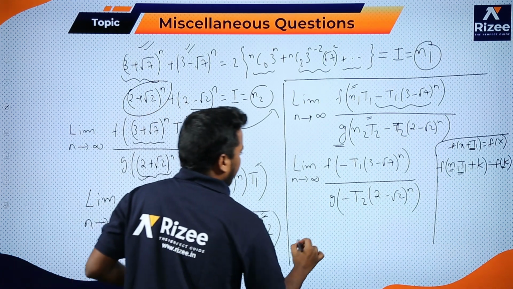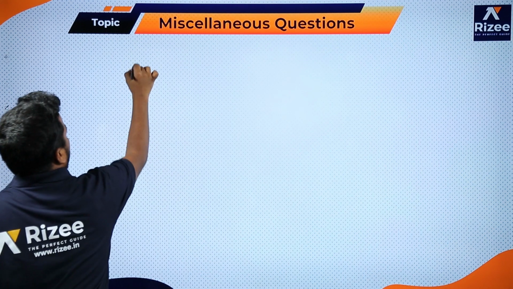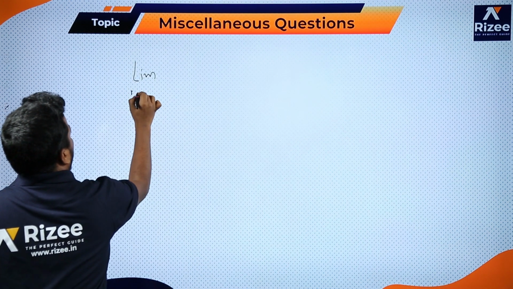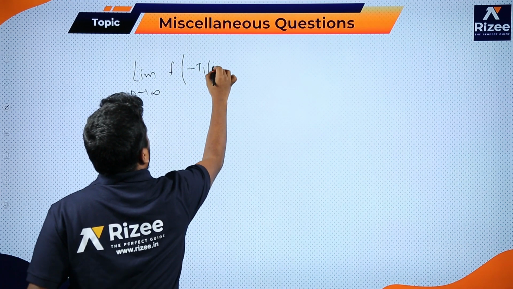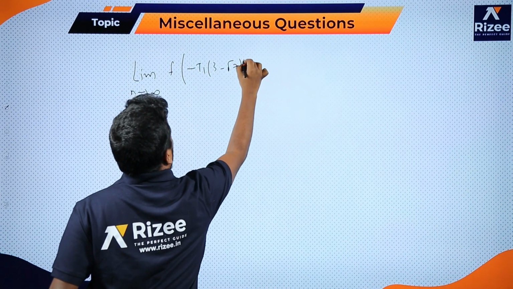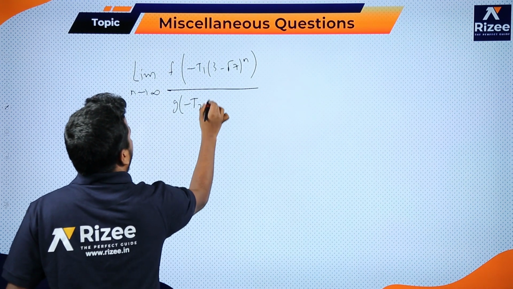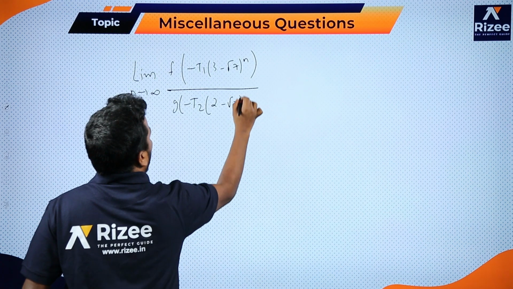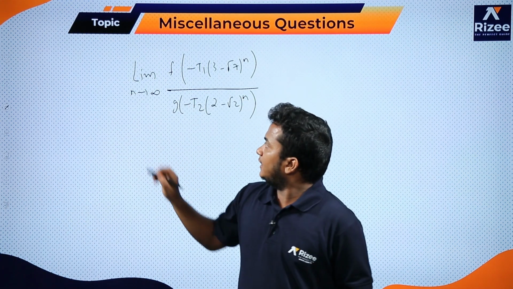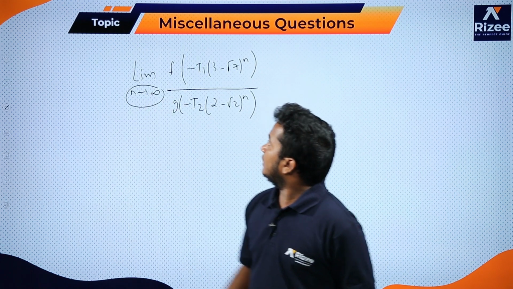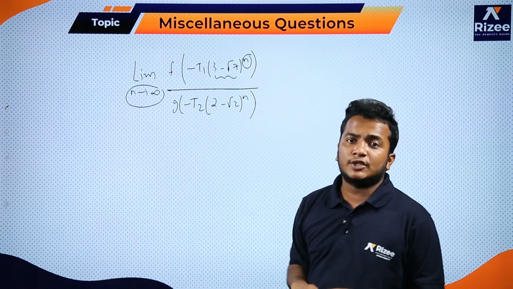So I will copy this in the next slide. So this is limit n tending to infinity, f of minus t1 into (3 minus root 7) whole power n, by g of minus t2 into (2 minus root 2) whole power n. Guys, see, if n is tending to infinity, then (3 minus root 7) whole power infinity will tend to what?